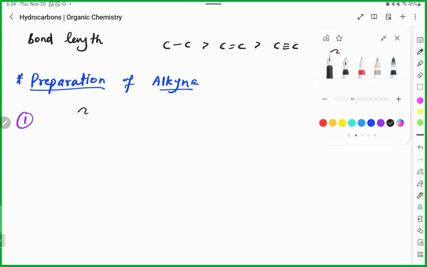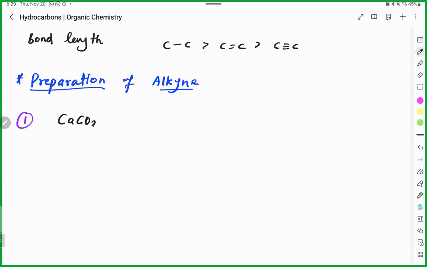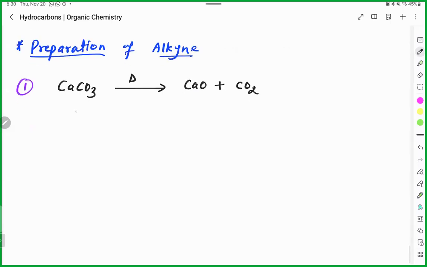If you take calcium carbonate and you heat it, Sania, how will it break? So calcium carbonate on heating gives calcium oxide and CO2. Now this calcium oxide will react with coke, and when you heat this, it will form calcium carbide and carbon monoxide.